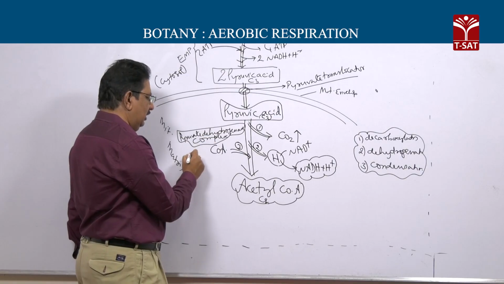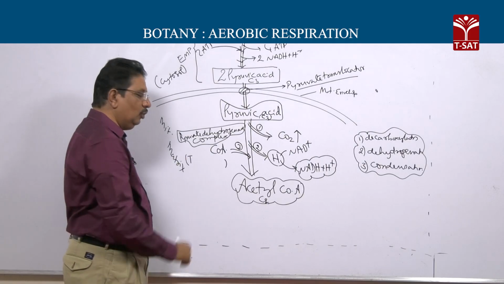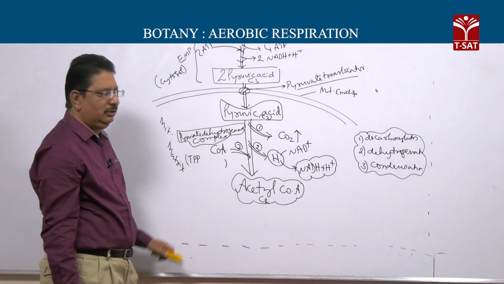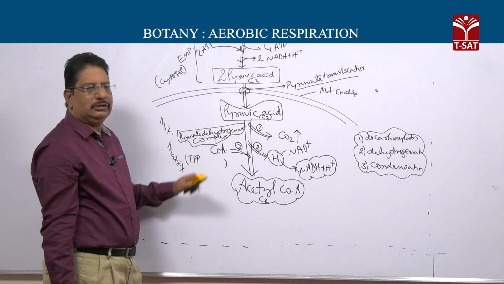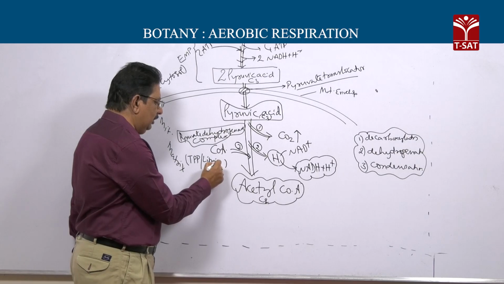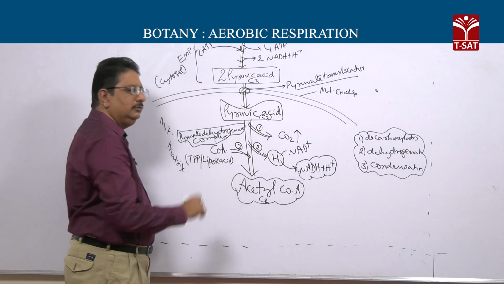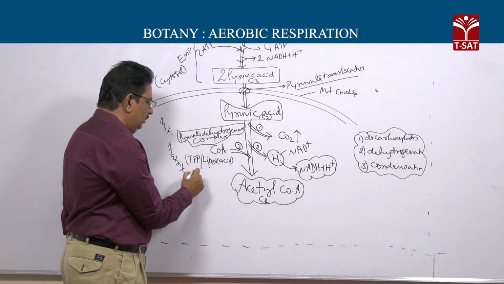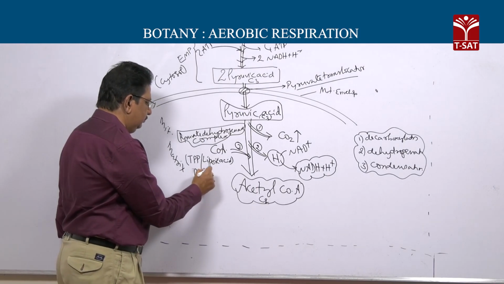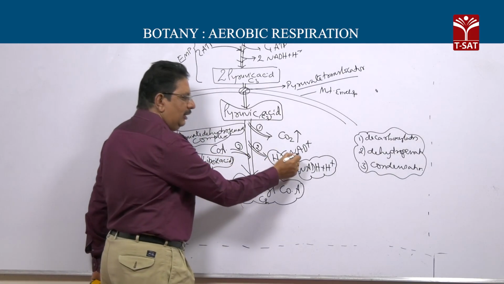So the pyruvate dehydrogenase is activated in the presence of some cofactors like thiamine pyrophosphate, TPP, and another one is called lipoic acid, and another one is magnesium, and of course coenzyme A and NAD.